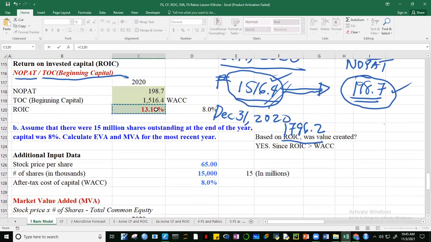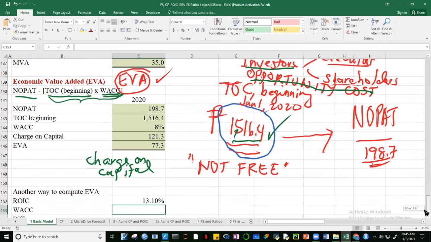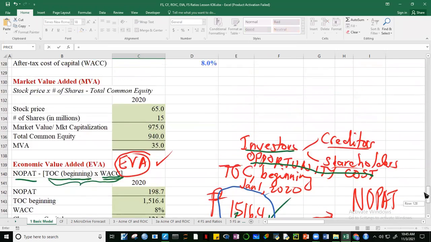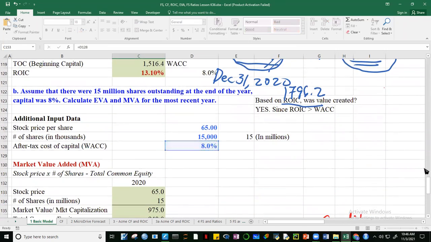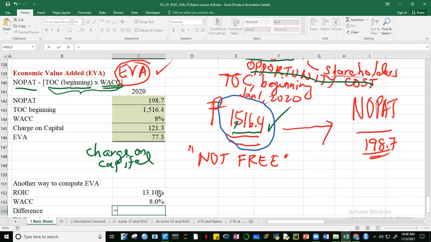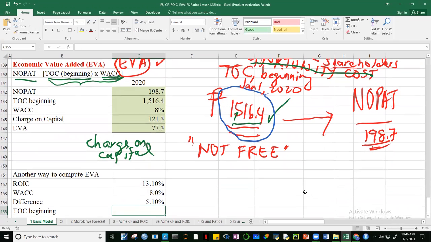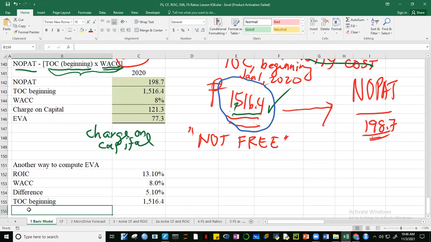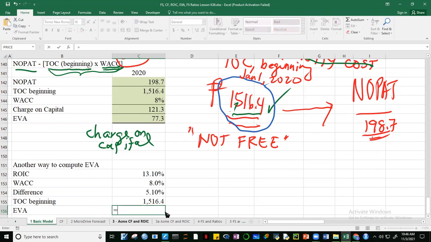ROIC was 13.10, right? So the company generated 13.10 for the use of the capital. What's WACC? WACC is 8%. So the difference between this is this minus this, okay? And then how much capital was at the beginning? This one. Therefore, EVA is equal to, this was earned by, okay, there.